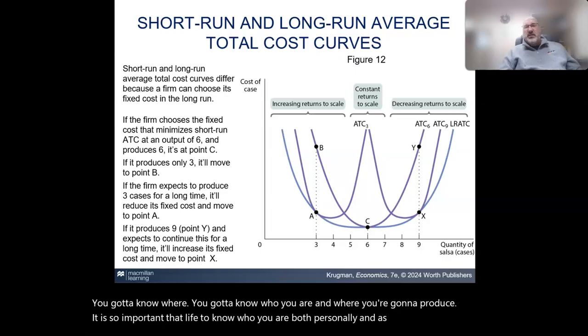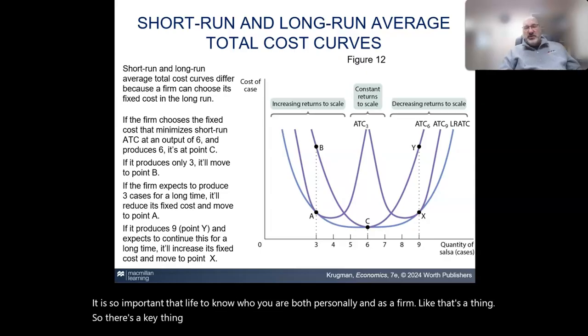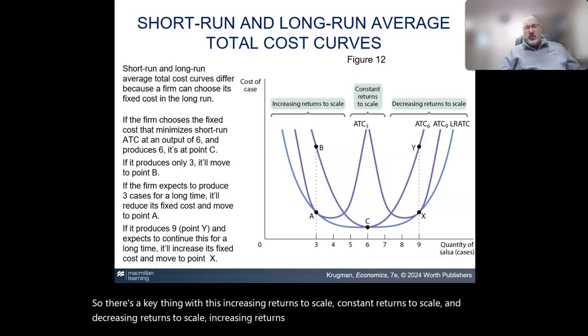So, there's a key thing with this: increasing returns to scale, constant returns to scale, and decreasing returns to scale. Increasing returns to scale happen if you are producing on the downward sloping portion of the ATC curve.